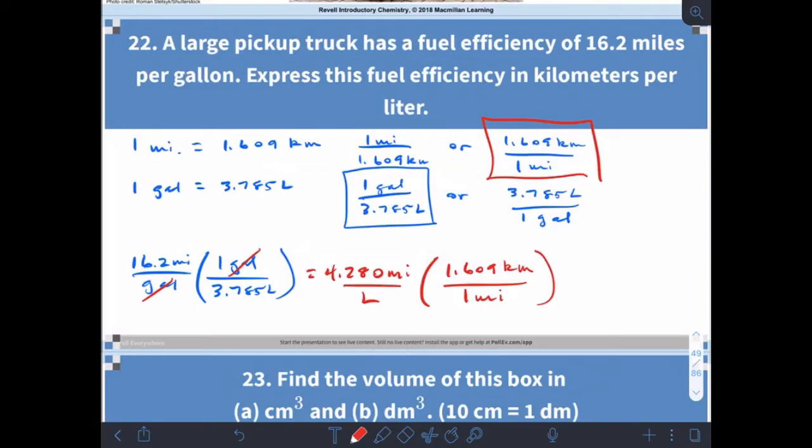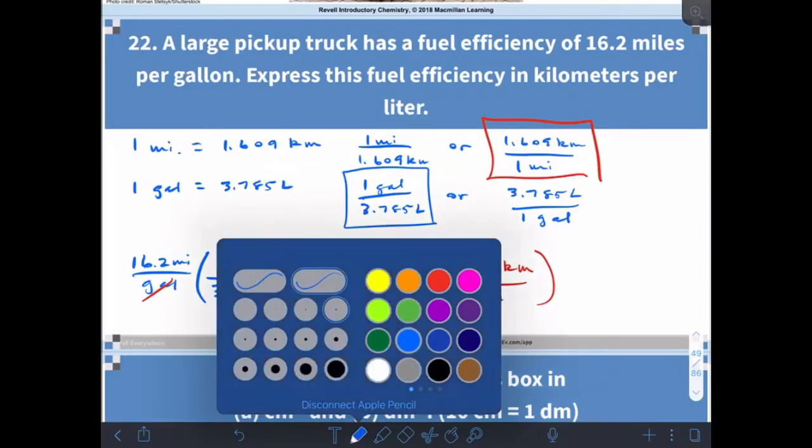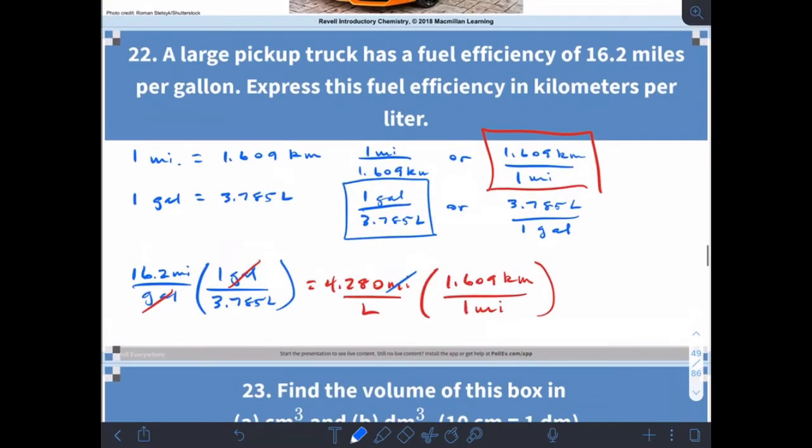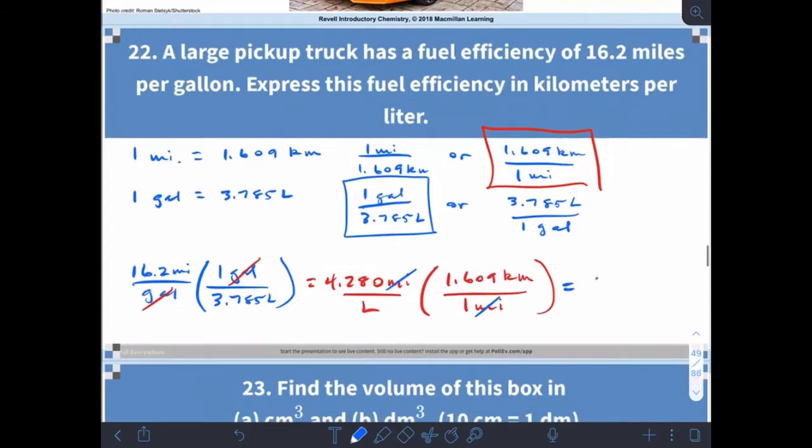My miles will cancel out because they're on opposite sides of the fraction bar from each other, and we'll end up with an answer of 6.89 kilometers per liter. So you can do this one step at a time.